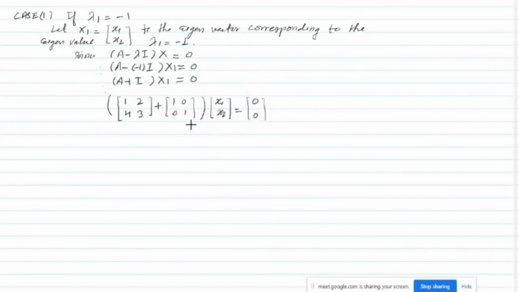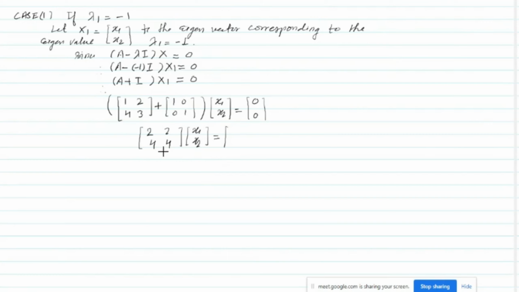So all will be a matrix: 1 plus 1 is 2, 2 plus 0 is 2, 4 plus 0 is 4, and 3 plus 1 is 4.